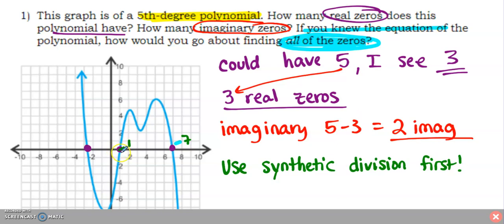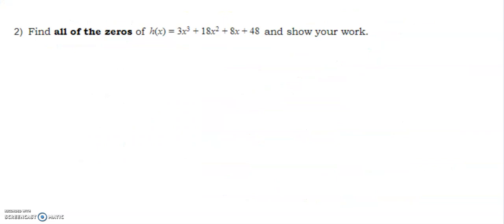And then you might be able to figure this one out. Otherwise, you might need to use factoring or the quadratic formula to find out the specific numbers of the imaginary ones that you don't know. And we're going to talk through something like that with our next and final problem of the day.